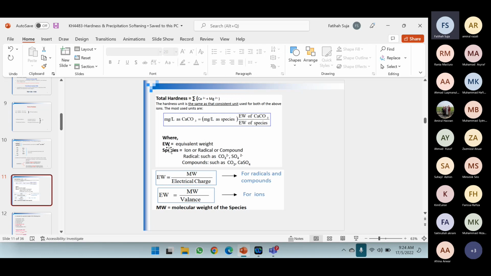Where EW is equivalent weight, and species can be an ion, radical, or compound. Radicals are such as carbonate and sulfate; compounds are such as CO2 and CaSO4, calcium sulfate.